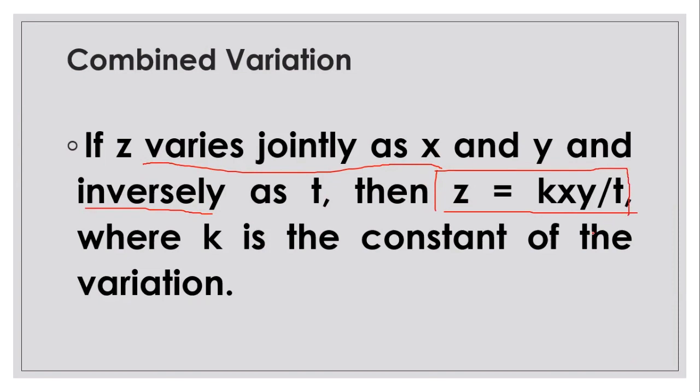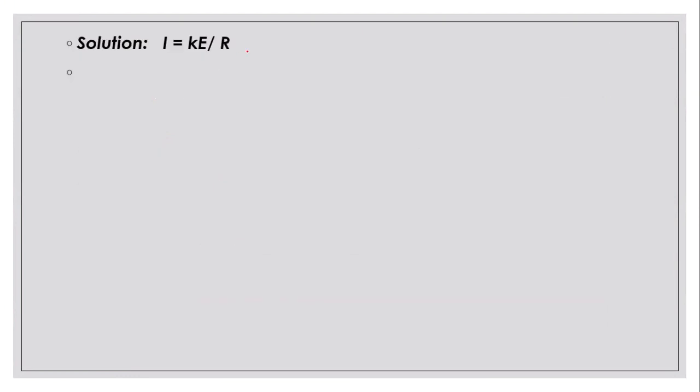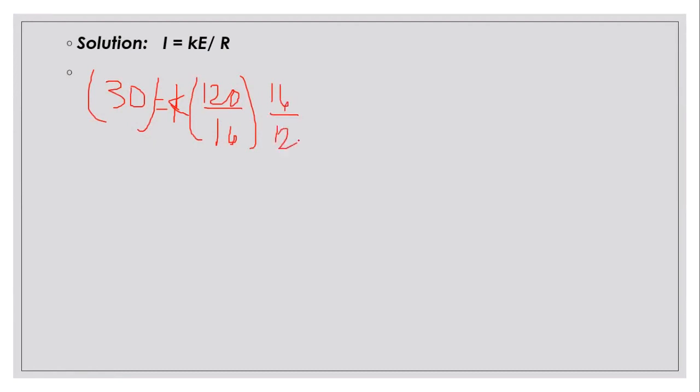Let's have an example. 30 amperes, so 30 is equal to k times 120 over 16. So multiply by the reciprocal, 16 over 120, on both sides.